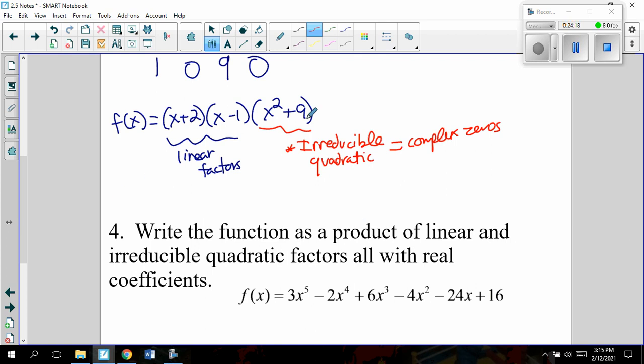Okay, and here's how those complex zeros come about. If I set x squared plus 9 equal to 0 and I solve, so I'm going to subtract 9, and I go to square root, well, that wouldn't have happened in 2.4, but now because we're looking at complex answers, this can, and what I would get is plus or minus 3i.